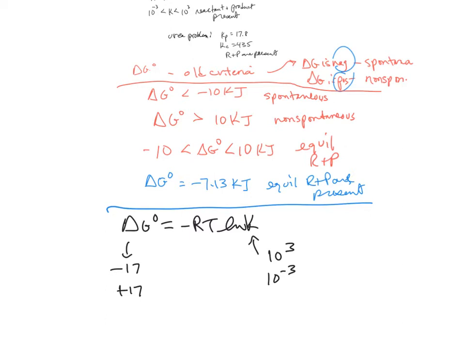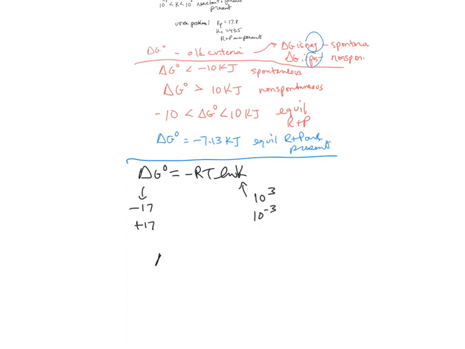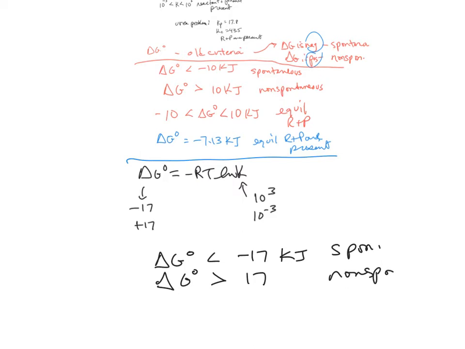So you could rewrite that and say that delta G less than negative 17 is spontaneous, delta G greater than 17 is non-spontaneous, and then between negative 17 and positive 17 you have reactant plus product.